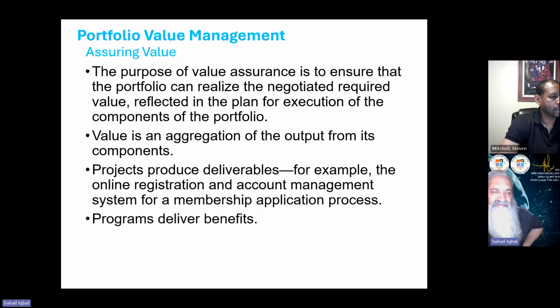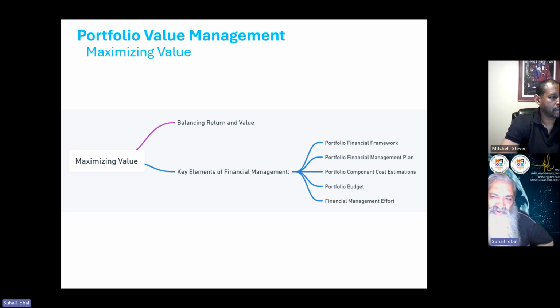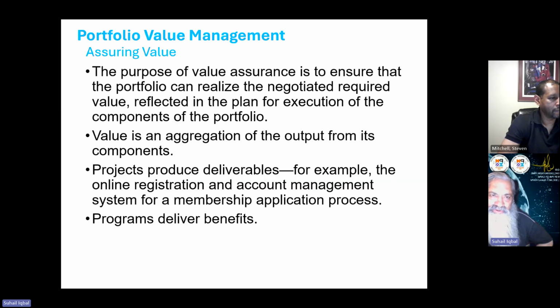Next is assuring value. The purpose of value assurance: basically, we have already maximized the value using those tools, and now we have put in our level best effort, and the value has started coming, and we have to compare it with the expectation.